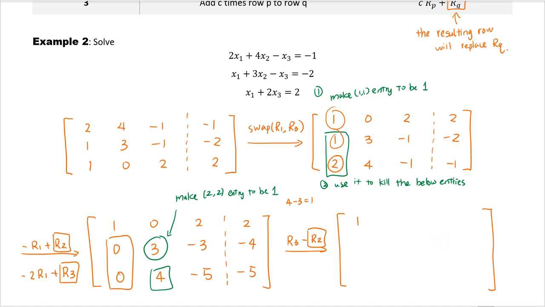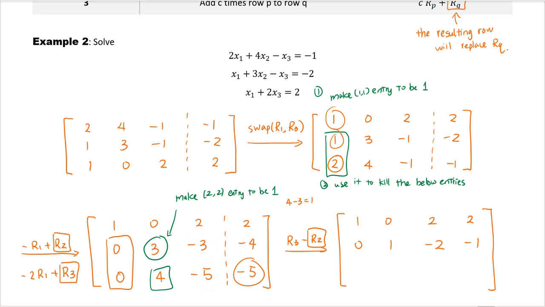So the first row stays the same. Second row: 4 minus 3 is 1, and then minus 5 minus negative 3 is minus 5 plus 3, which is negative 2. And then minus 5 minus negative 4, minus 5 plus 4, is negative 1.